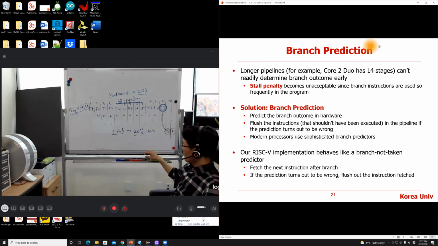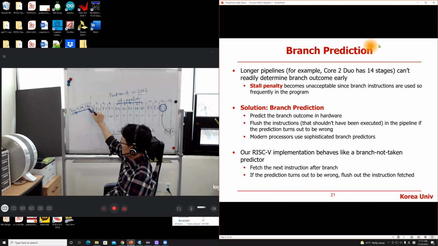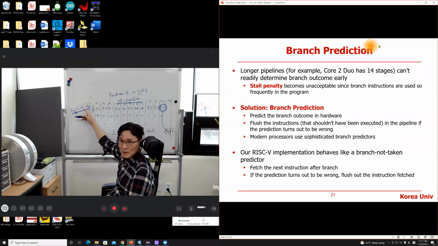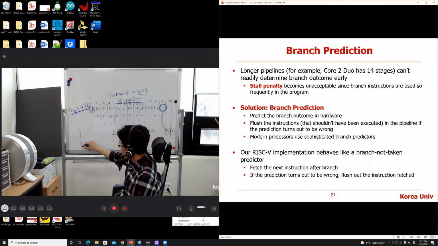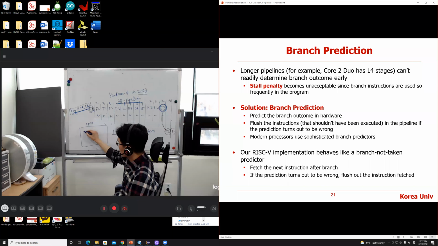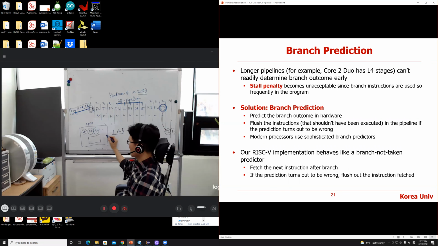So when I read a branch instruction, I want to predict: I think that branch would be taken. That is done by hardware. Inside the CPU, you not only have the fetch unit, decoding unit, execution and so on, but you have a super big hardware component called the branch predictor.